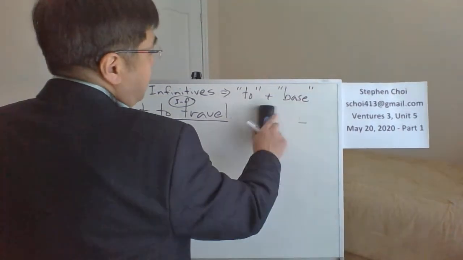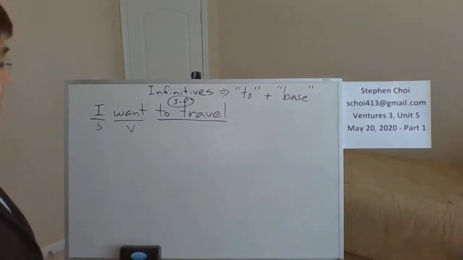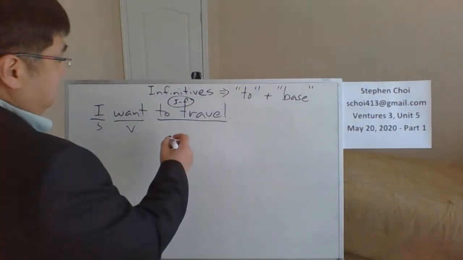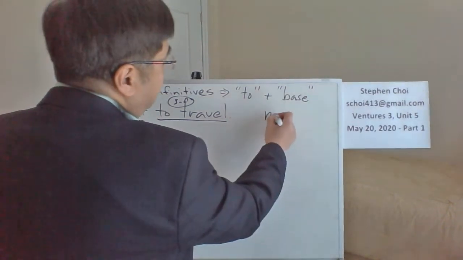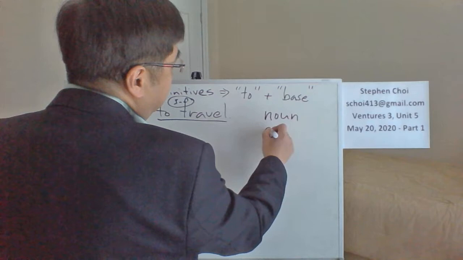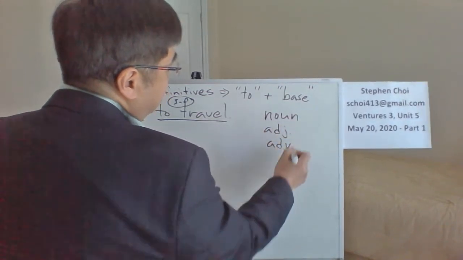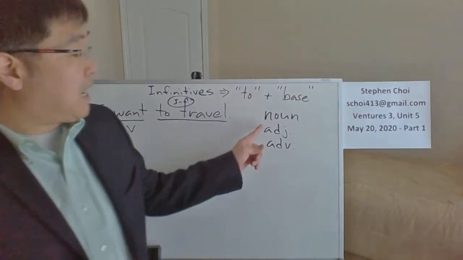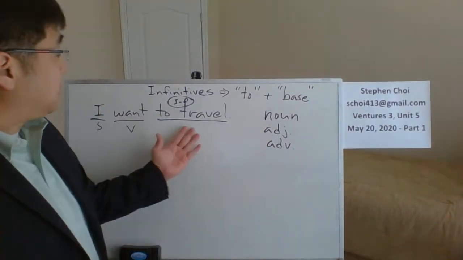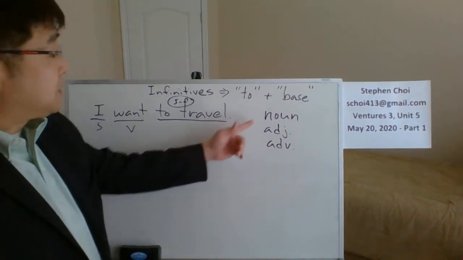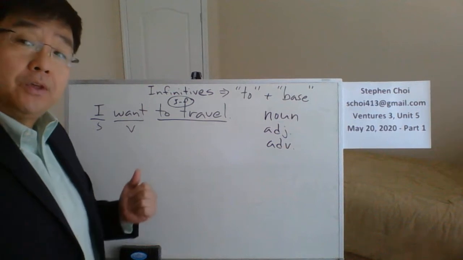So what is to travel in I want to travel? What is that infinitive being used as? Remember, infinitives can be used as nouns, adjectives, and adverbs. In this sentence, that infinitive is being used as a noun. Why? What do you think?